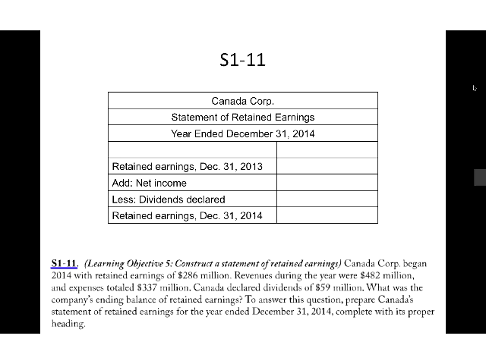Okay, and then finally, we're going to end up with our ending retained earnings, which is retained earnings as of December 31st, 2014. So we start with our beginning retained earnings, which is last year's ending, add net income, subtract dividends declared, and it gives us ending retained earnings.